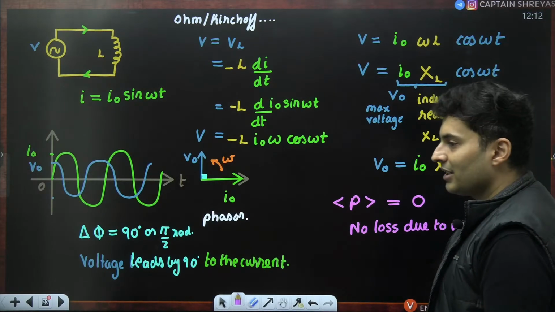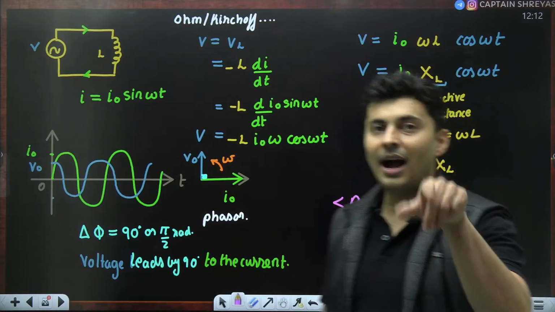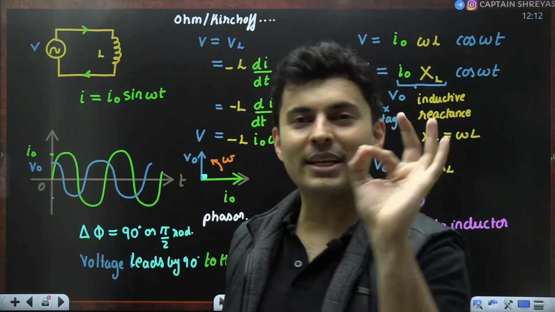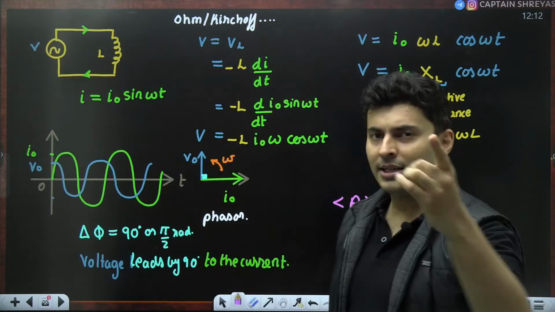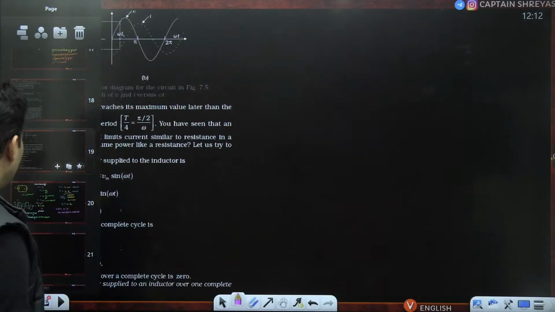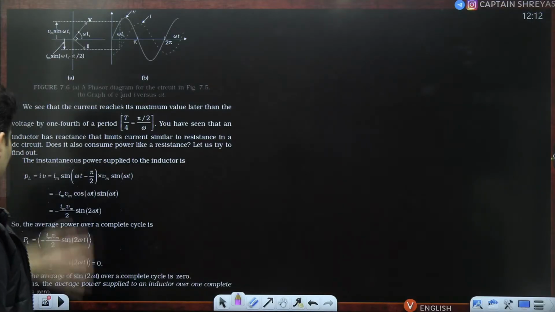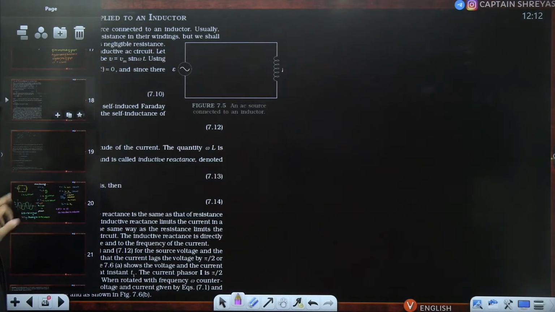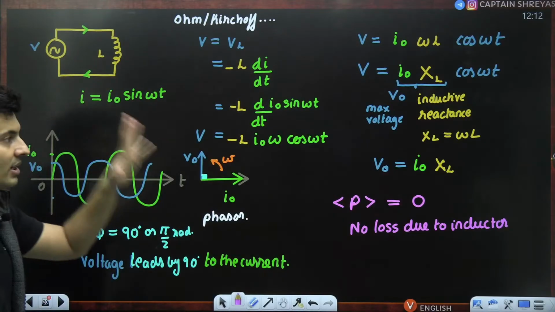If you remember, energy is always stored in an inductor, half L i square. It never loses energy. A resistor will lose energy. That is what has been explained in all these questions and equations over here. So this is what you should know regarding an inductor.